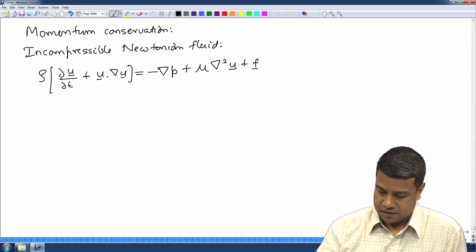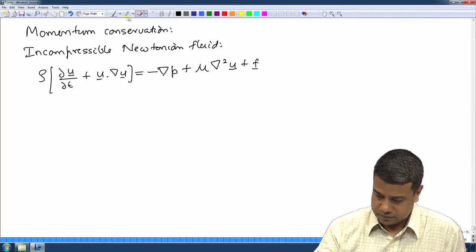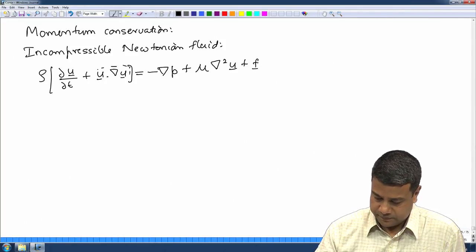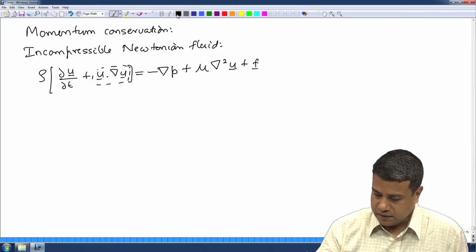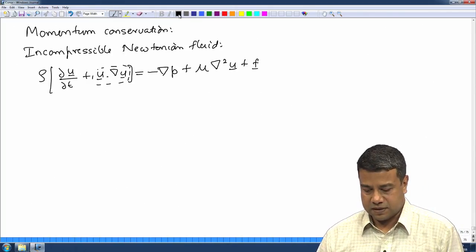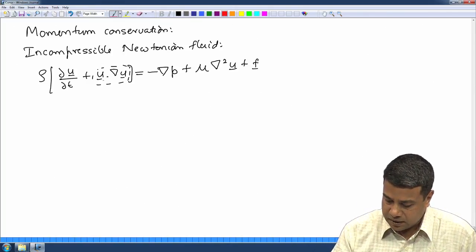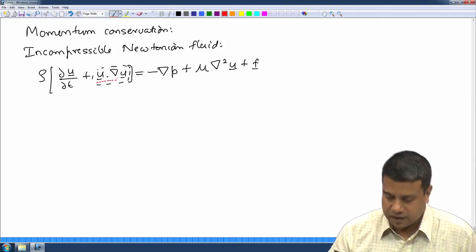This term here, if I were to write it in a Cartesian coordinate system, note that the dot product is between the velocity vector and the gradient.